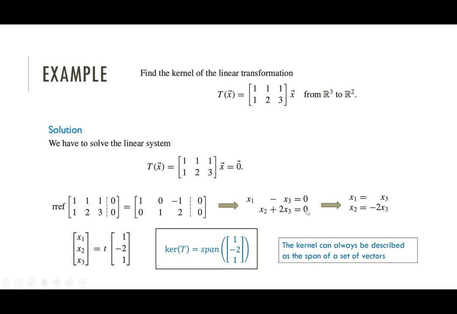So when you solve for your leading variables, it's just going to be parameters on the right-hand side. You're not going to have a constant vector. So what you end up with is just parameters times vectors, and that will give you the span of the vectors that your parameters are multiplied by.